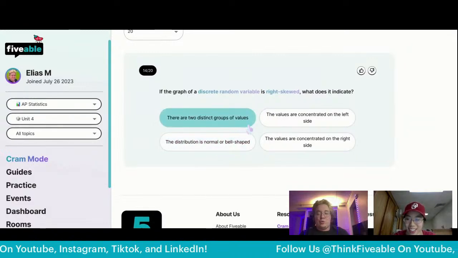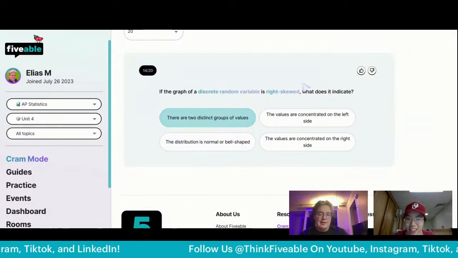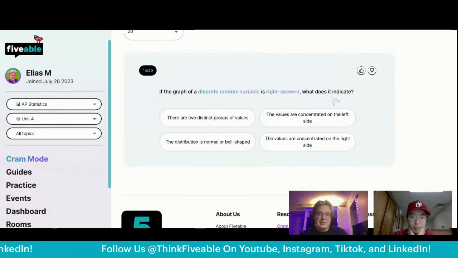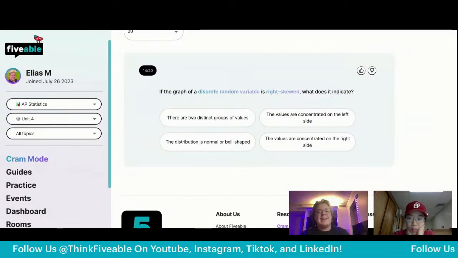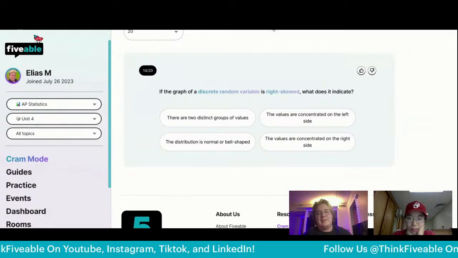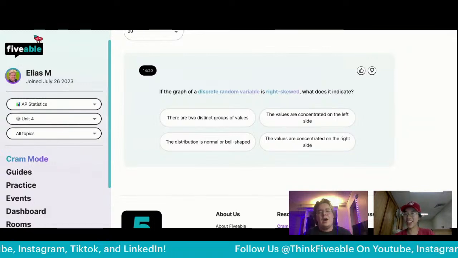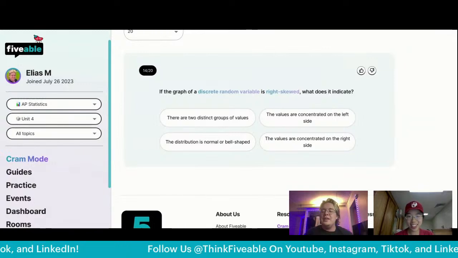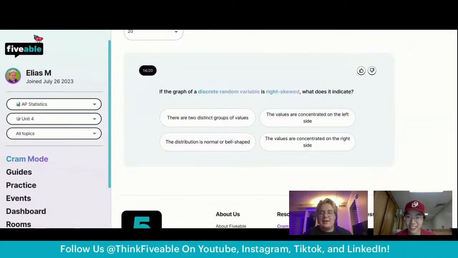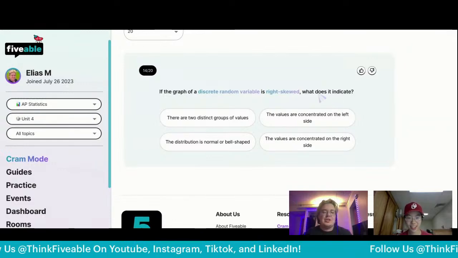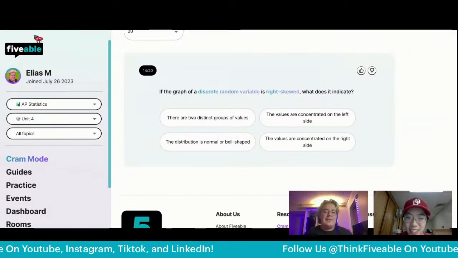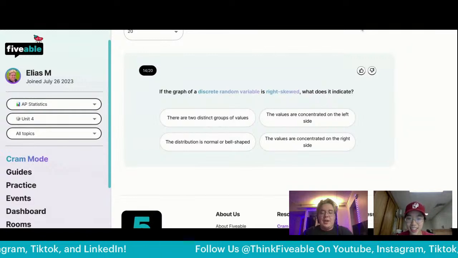This is true. I think that's what you are talking about, though. Maybe. You might be right. Yeah, the M. Oh, groups of values. Yeah, that's the M. Anyways, the real question is whether the values are concentrated on the left or the right side.